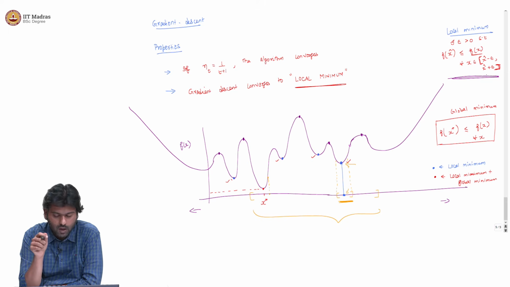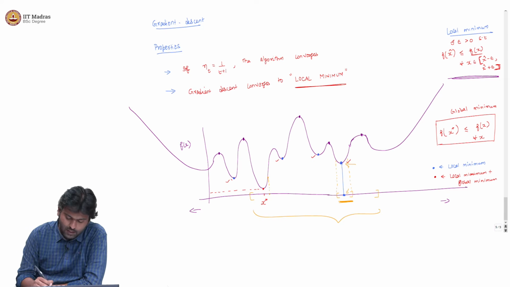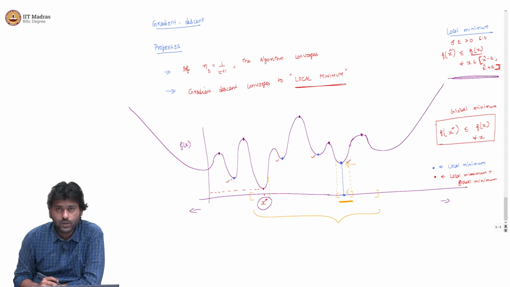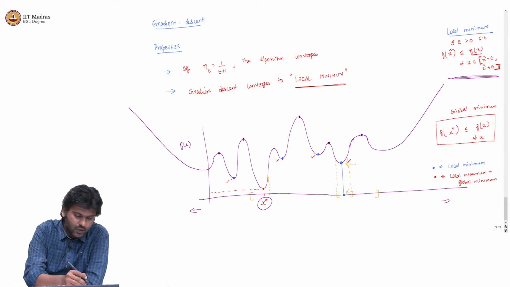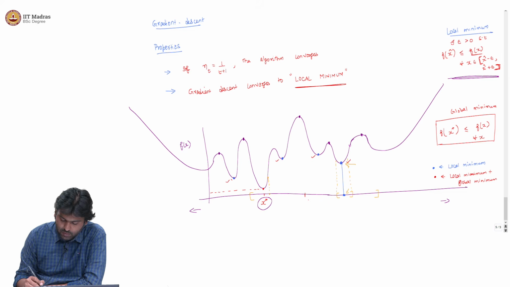So, we care about this because for gradient descent, all we can say is that you start with some x naught arbitrarily, you will only converge to a local minimum, which means that we really want x star, which is the global minimum, but unfortunately gradient descent will not necessarily converge to x star, right. So, for instance, if this was my x naught, maybe I will just take a careful x naught to illustrate this.